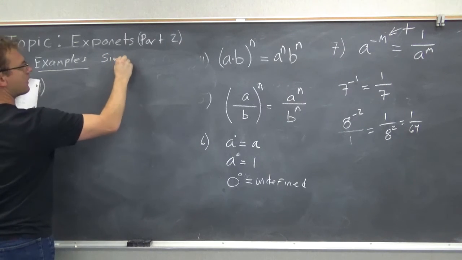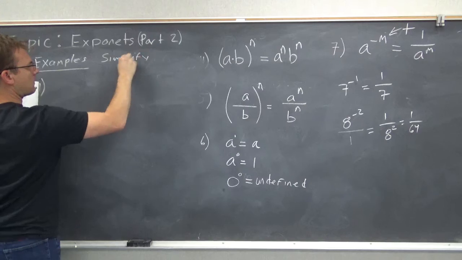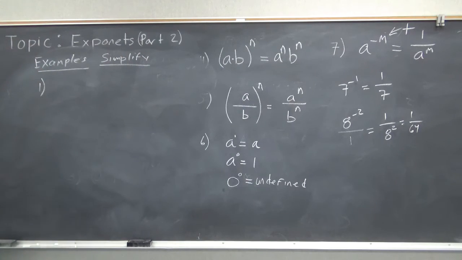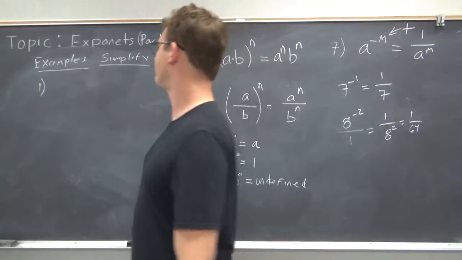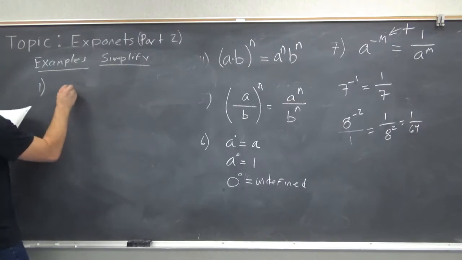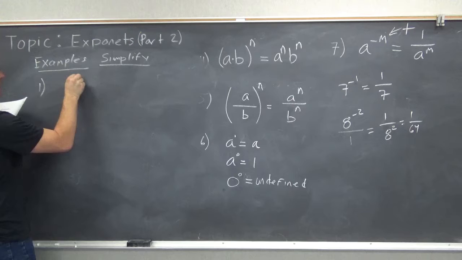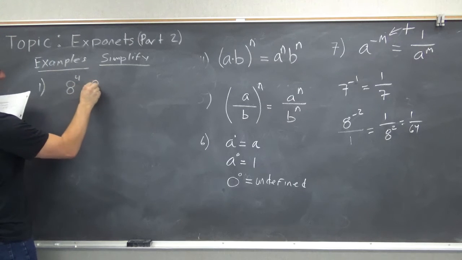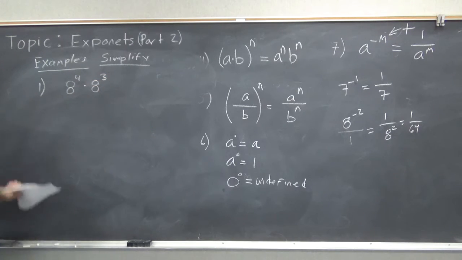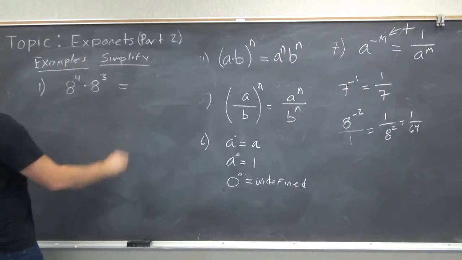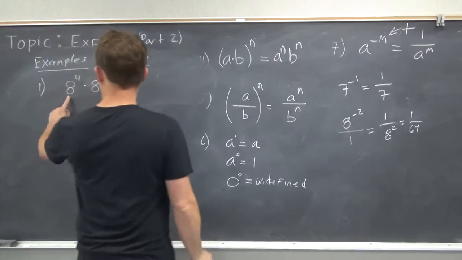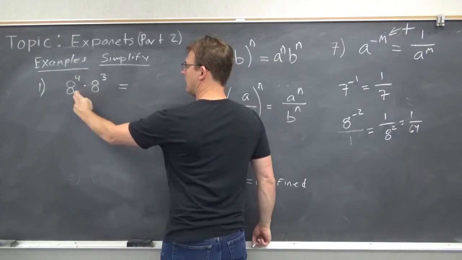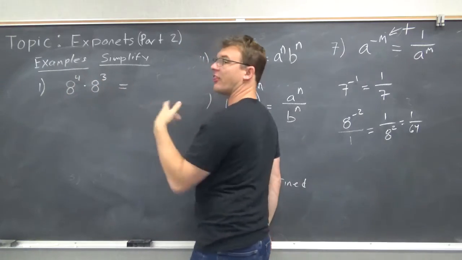Number 1. We're going to simplify. Simplify means get everything into its lowest terms. So this one, I'm going to have 8 to the 4th times 8 to the 3rd. So remember, when we had this, we have 8's, 8's. This is to the 4th, this is to the 3rd.